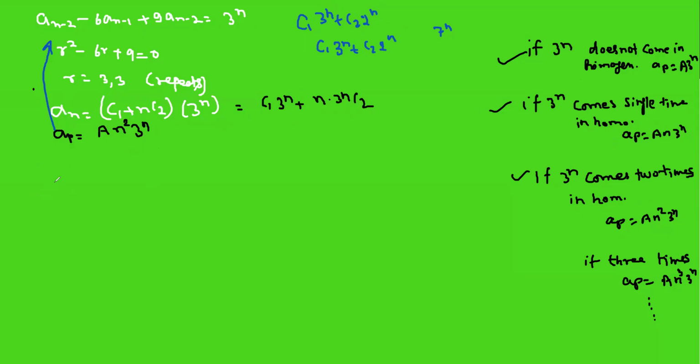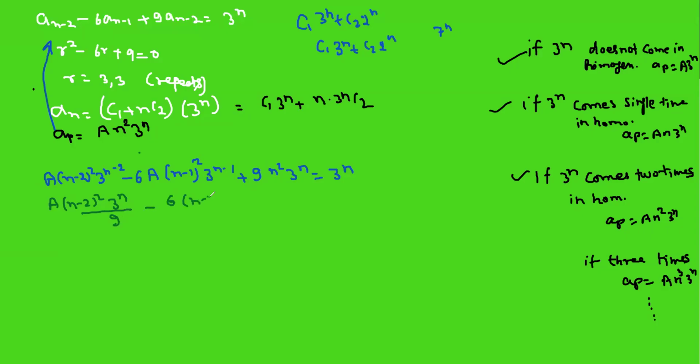Now put this here. Now solve this, you will get the value of A. Three raised to n cancel from all sides. Multiply 9 in numerator.